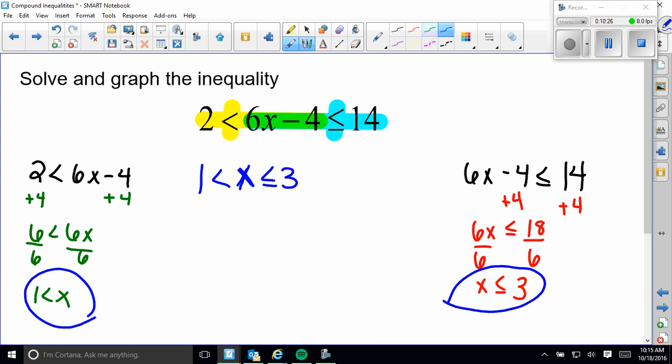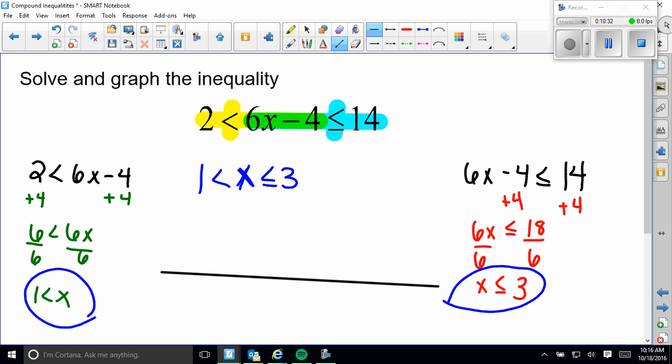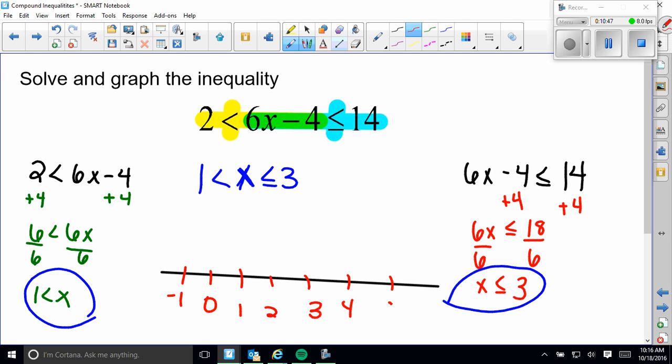So now we need to graph it. Let's draw our graph. Hopefully by now you can tell that when we say graph it, we are drawing a number line. So we're going to go ahead and draw some points in. We have two numbers, a 1 and a 3. So let's find our 1. We have 1 is less than x.